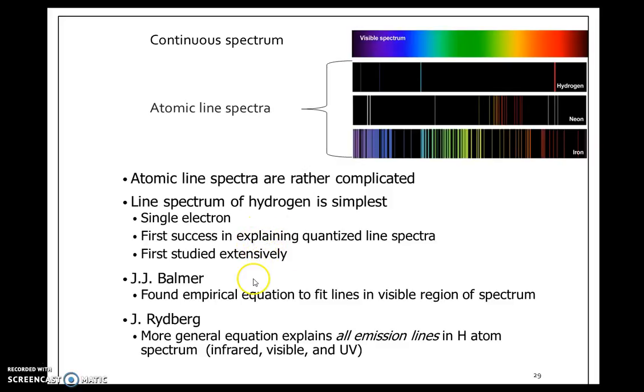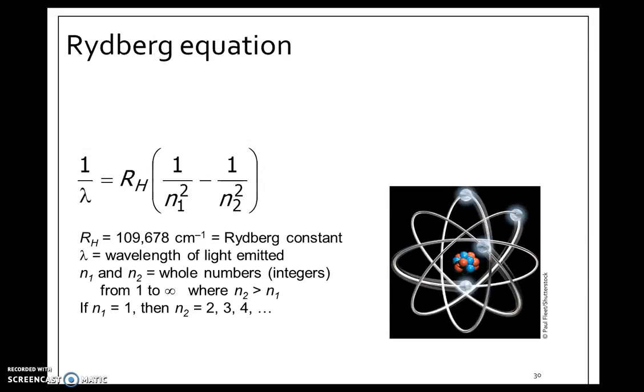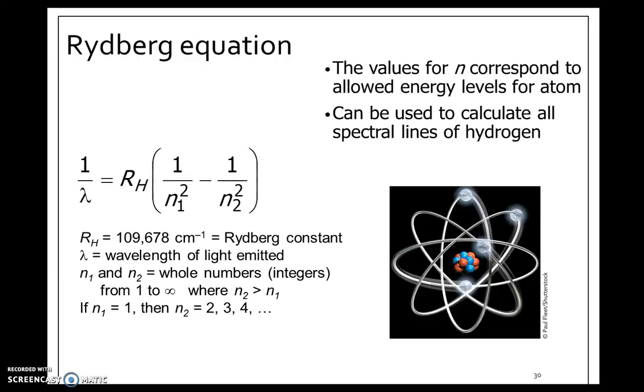But the theory behind it was found by J.J. Balmer and J. Rydberg. And what we see is Rydberg found a formula to predict the spectral lines.